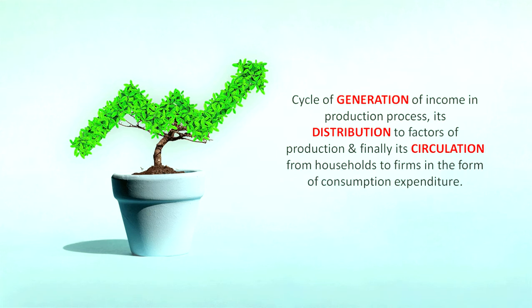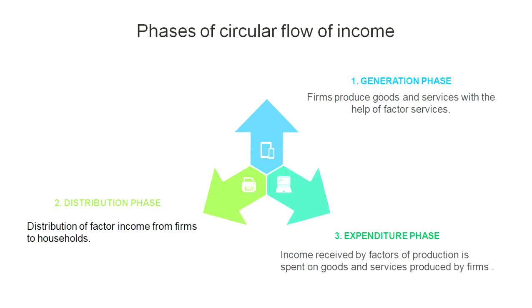Using that income, the producer will distribute again to the household in the form of remuneration for the services. This is what we call circular flow of income. Here, the cycle of generation of income in the production process, its distribution to factors of production, and finally its circulation from household to firms in the form of consumption expenditure.